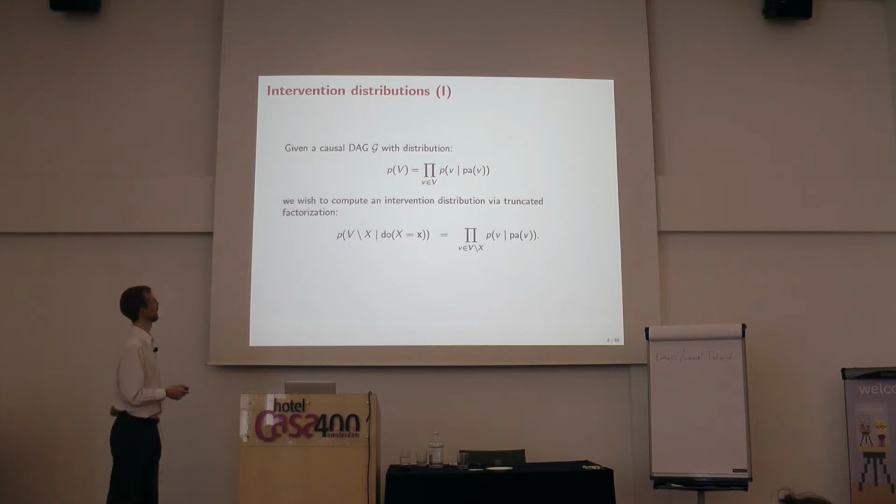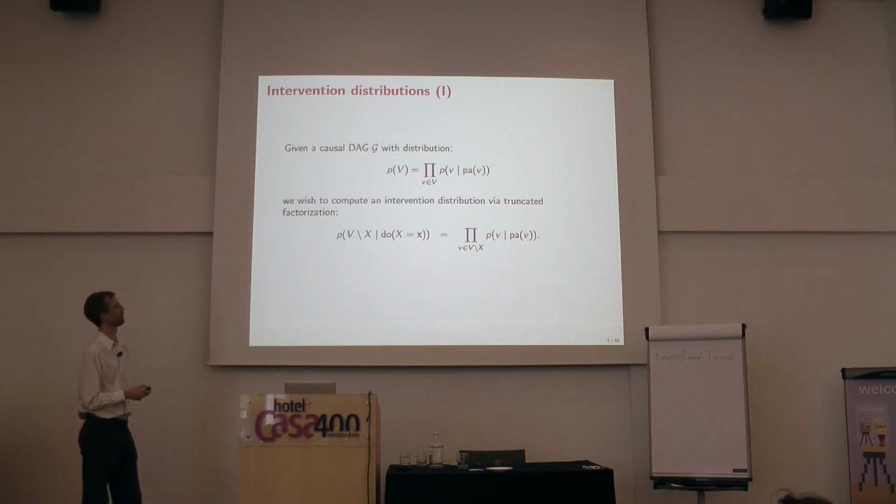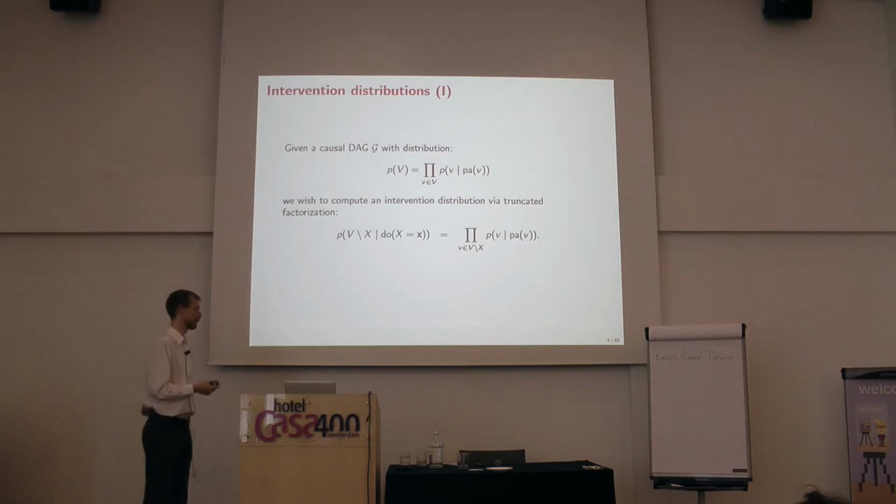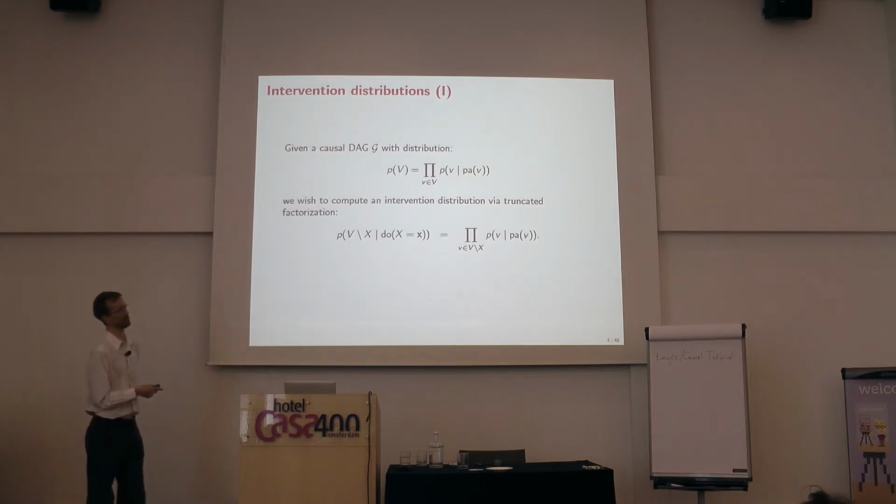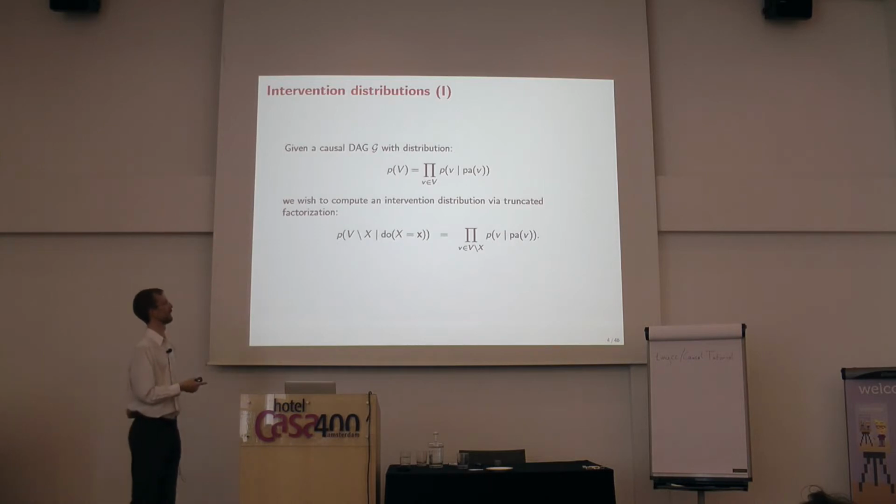So our basic idea here is we're going to have a causal DAG, or Bayesian network, which we can think of as just representing a joint distribution over a set of variables, in a way that I'm sure is familiar to almost everybody here, I hope. But we're now going to be computing an intervention distribution via a truncated factorization.